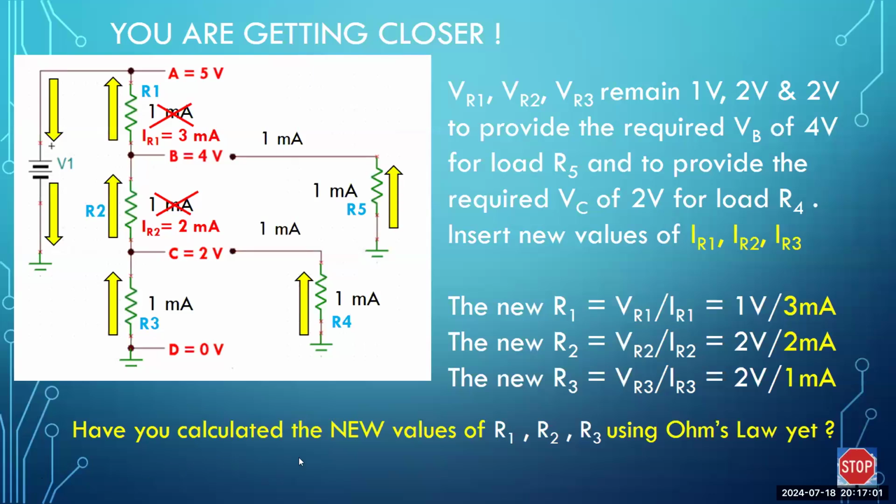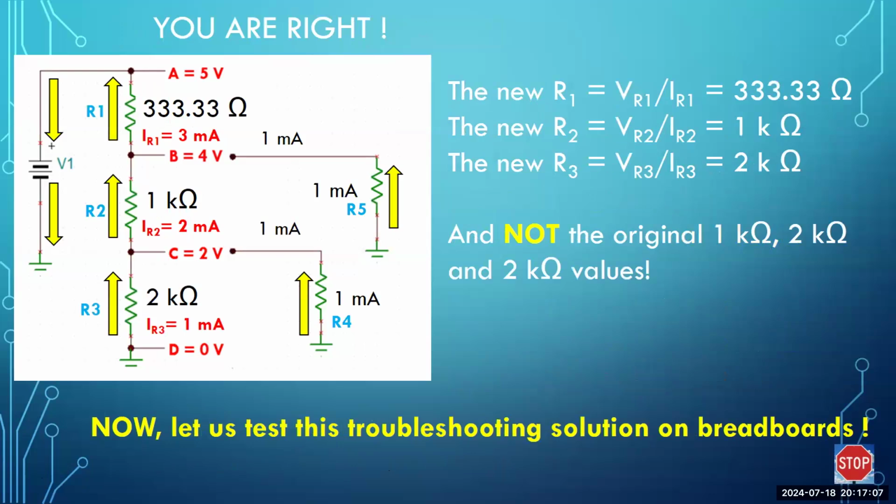So question is, have you calculated the new values of R1, R2, and R3 yet? If you have, ta-da. This is what we calculated a moment ago together. The new value of R1 is 333.33 ohms, which I now have written into the schematic. R2 is 1 kilo ohm, and R3 is 2 kilo ohms, both now in the schematic.